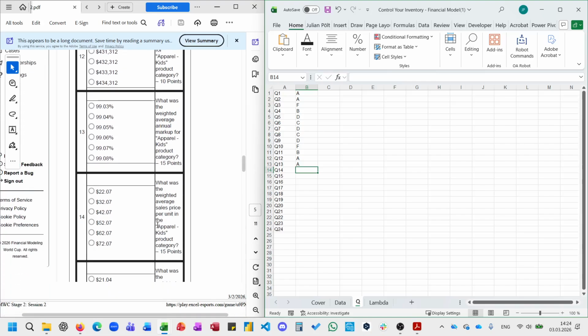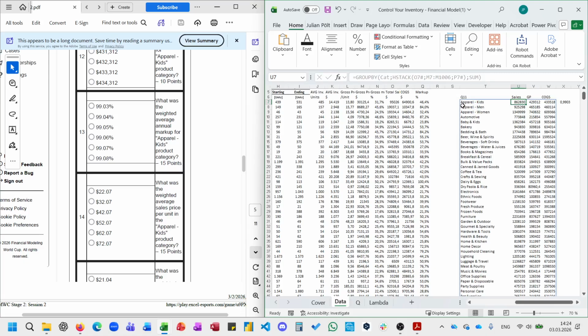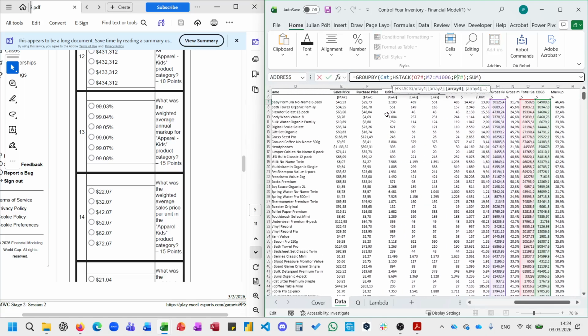What was the weighted average sales price per unit? So let's also bring in here the units sold.